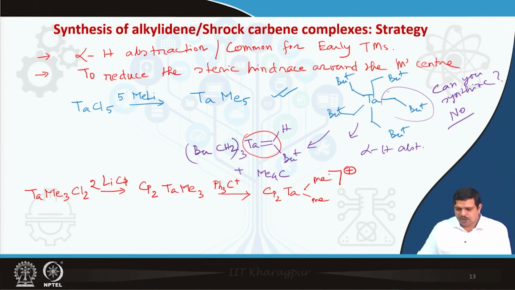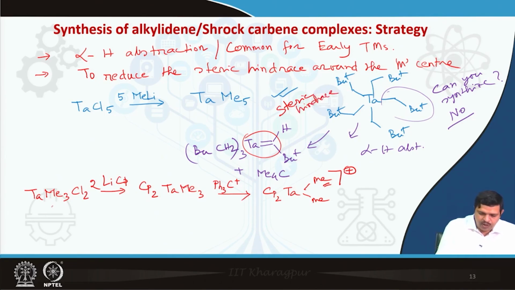So basically we are increasing the acidity of this methyl proton. Their steric hindrance is not much. Here it happened due to the steric hindrance, medium high steric hindrance, and here a medium steric hindrance.